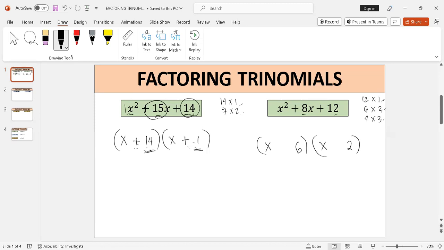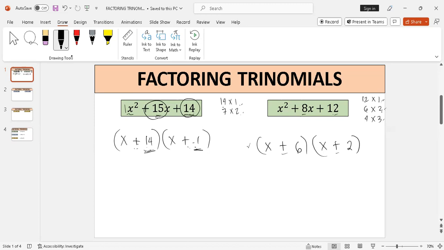What about the symbols? Again, kapag parehas plus yung gamit sa middle term and sa last term, ang magiging symbols na gagamitin sa factors ay addition also or plus. So these are now the factors. Let's try to double check.